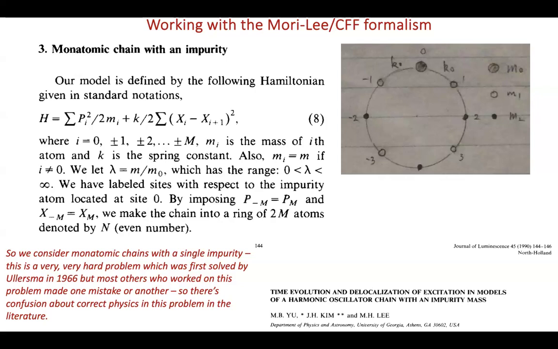And one of the problems that was studied was you take a harmonic oscillator chain with an impurity, obviously now breaking translation invariance, so there's a huge price to pay because of that. And you make that impurity a large particle, a large mass.